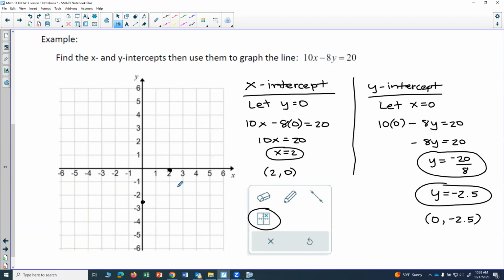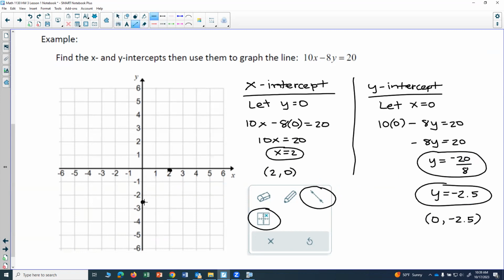For the y-intercept, you would put in 0, negative 2.5, or even 0, negative 20 over 8, either one. Then, after you've plotted your points, you would select the line tool, and that would allow you to connect the points.